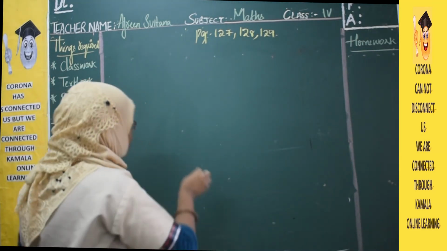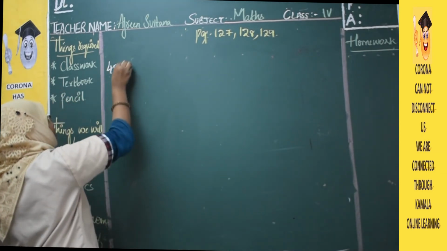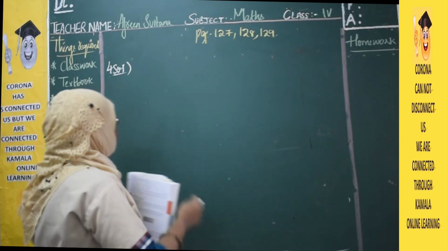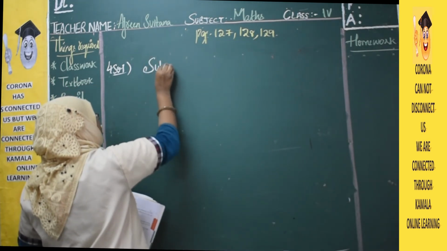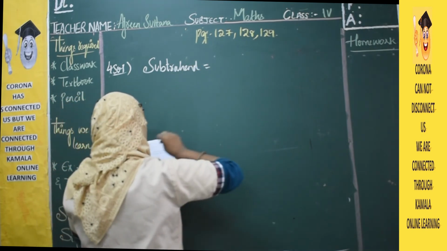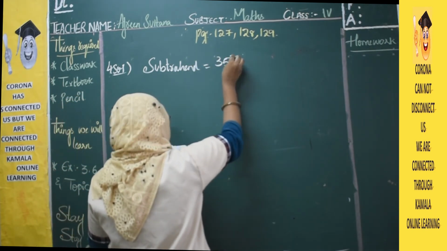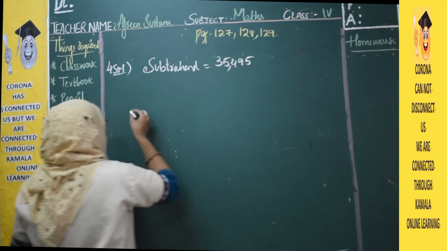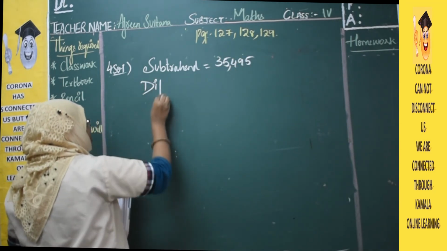Copy down that last question in your classwork. Now we know the subtrahend is equal to 35,495. And the other value we have is the difference.